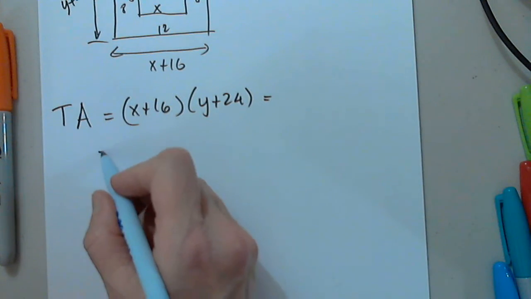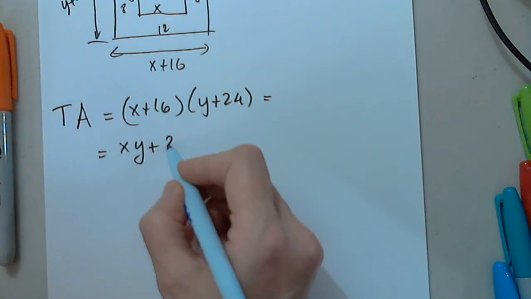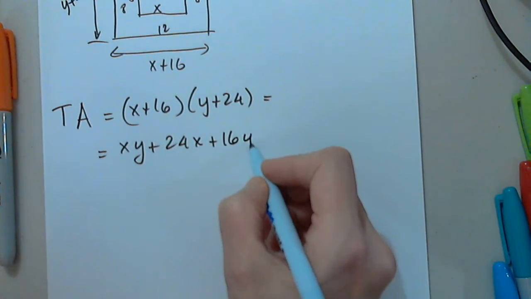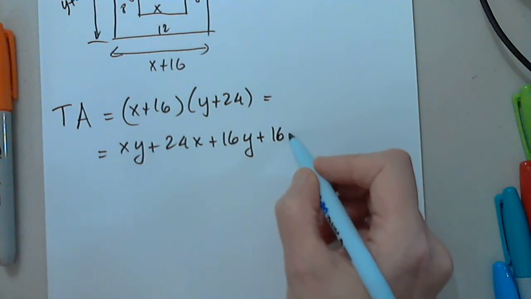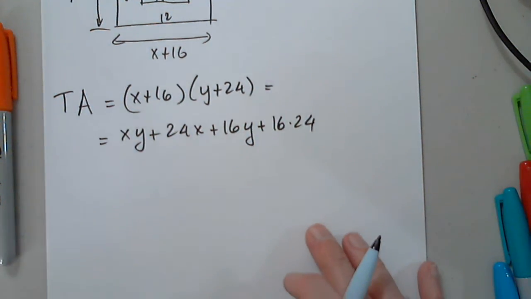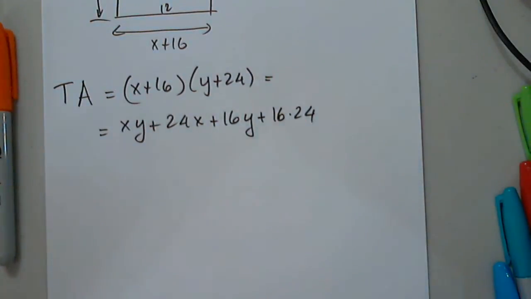So when I distribute here, I get XY plus 24X plus 16Y plus 16 times 24. I don't care to multiply because I'll differentiate in a minute.